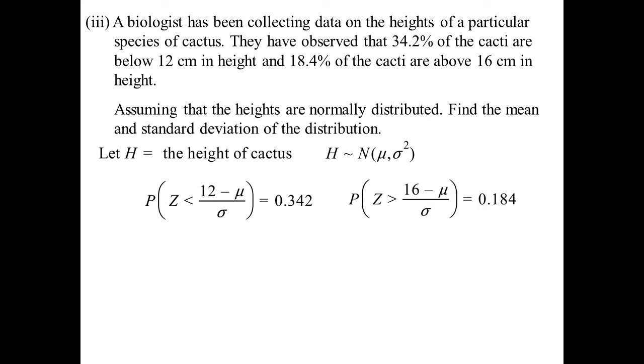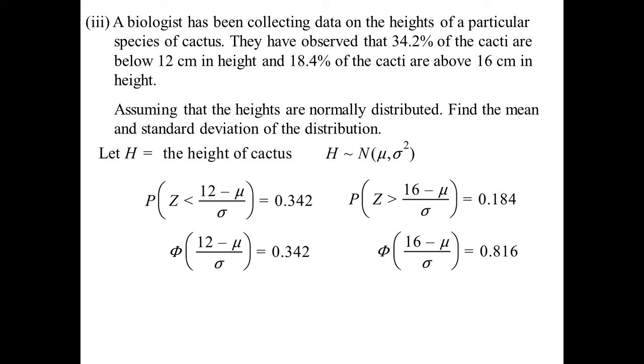The other bit of information we know is that Z being greater than 16 minus mu over deviation, that's going to have to equal 0.184. So my cumulative distribution, well, the first one's fine because it's already less than. That's got to come up with an answer of 0.342. The other one, well, that's greater than, so I'll look at the other side, and there's going to be 0.816 then, using the complementary event idea.